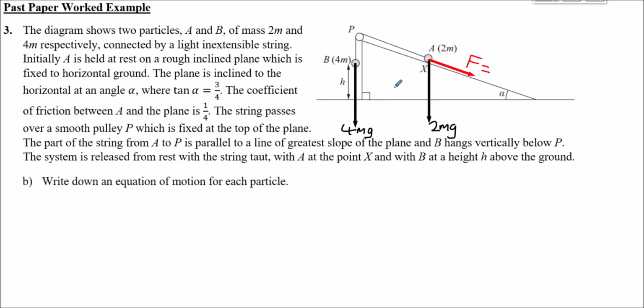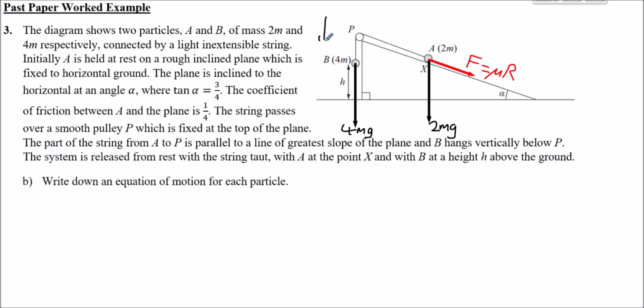And also, as well, it's released from rest. It will start moving, so friction will be at its maximum. It will be mu multiplied by R. So why is it going this way, the friction? Well, look at the masses of the particles. 4m is double the mass of 2m, so the 4m's weight will prevail over this relatively tiny weight, and the system will be pulled this way to the left over the pulley.